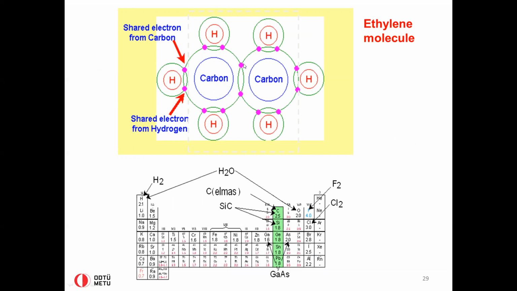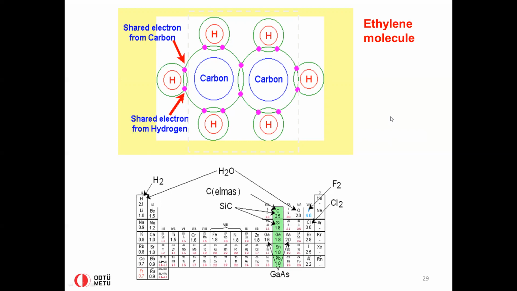Here, carbon shares not only with hydrogen, but it also shares with itself, where here you have a carbon-carbon bond, and you have multiple carbon-hydrogen bonds. So it doesn't mean that the 2 atoms have to be the same. Carbon and carbon can form covalent, and carbon and hydrogen can also form covalent.